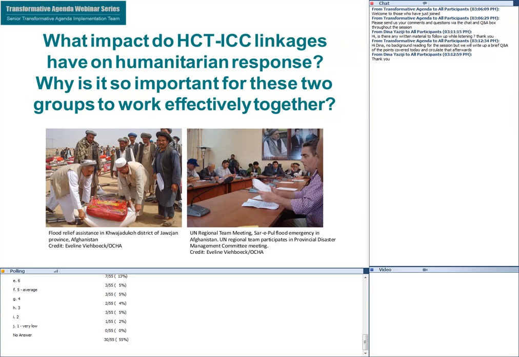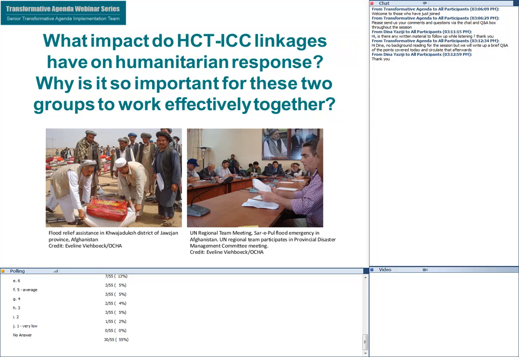Similarly, I think that Mark was talking about the operational challenges and problems that partners, NGOs, UN agencies are facing in the field. I think that if the ICC and the HCT are working close enough to each other, then the humanitarian coordinator and the HCT at large could certainly help to overcome some of the problems that the humanitarian actors are facing, whether related to resource mobilization, sometimes access to beneficiaries, at other times relationships with local authorities.